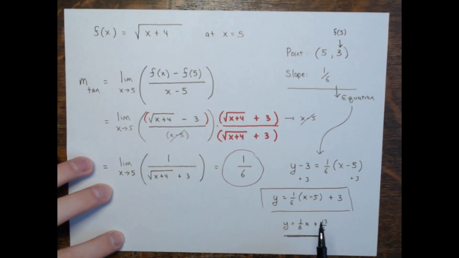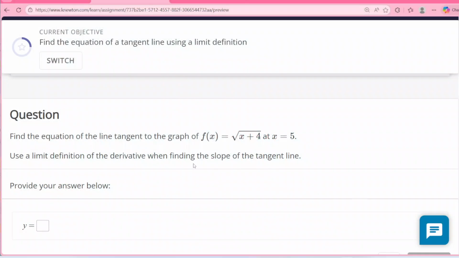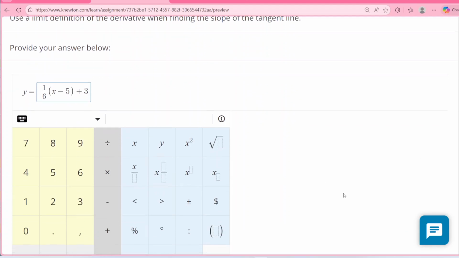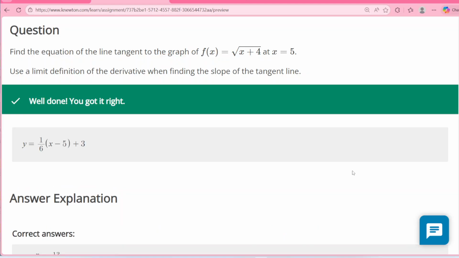I'm going to type it like this just to see, because they don't say anything about slope-intercept form. Right? They just have y equals. So as long as I put in something valid, should be good. So 1/6 times x minus 5, and then plus 3 after, and see what happens. Wonderful. Okay, so you can do that.